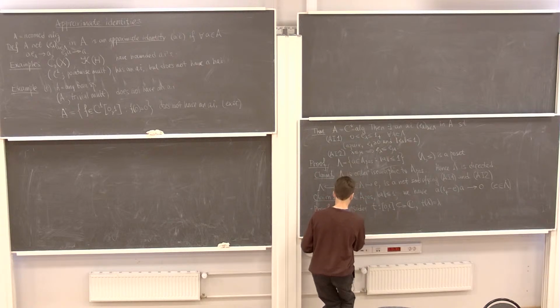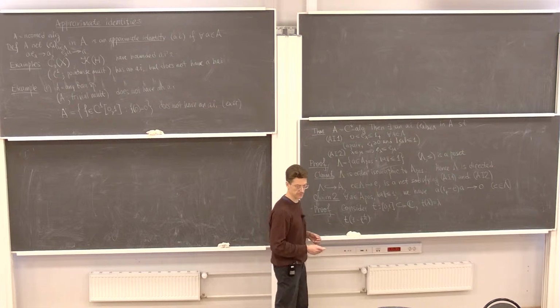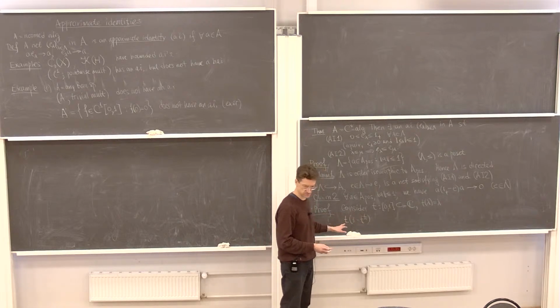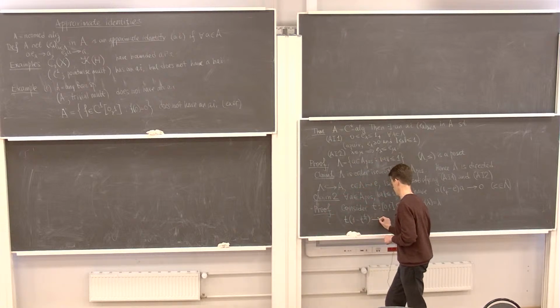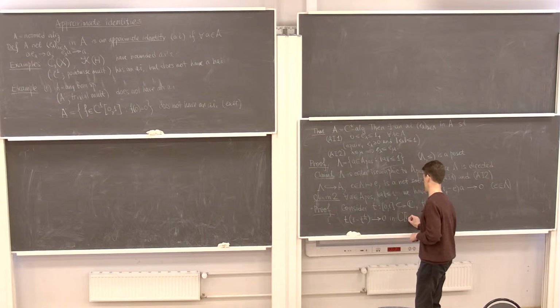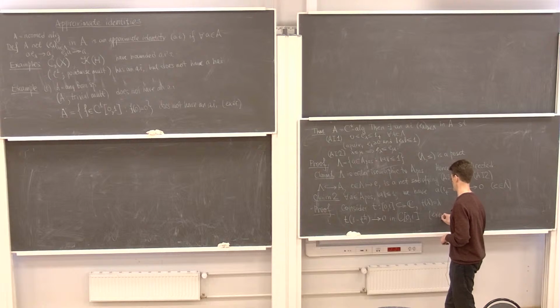And we look at the following sequence, T times (1 - T) to the power 1 over n. It's a simple exercise in elementary calculus to show that this sequence uniformly converges to 0 on this interval. So it converges to 0 in the algebra C[0,1]. This is a simple exercise in calculus.